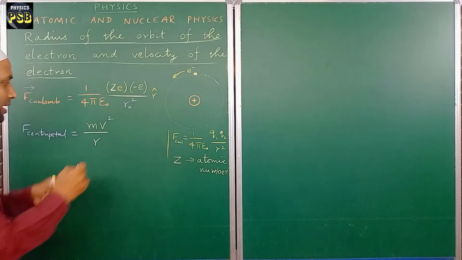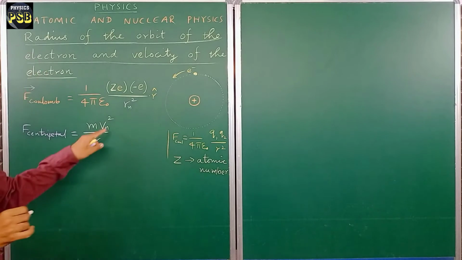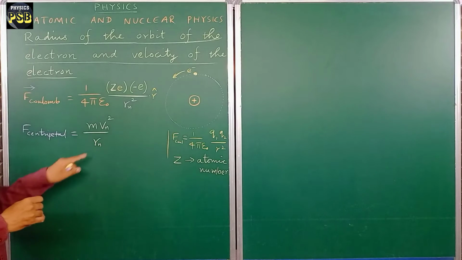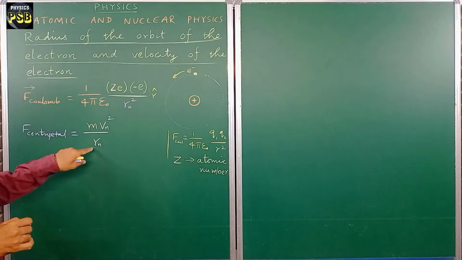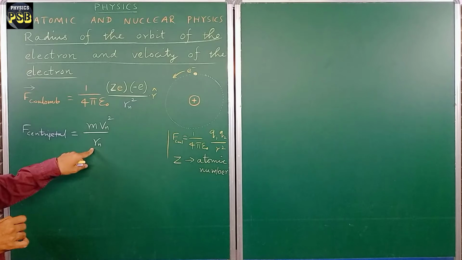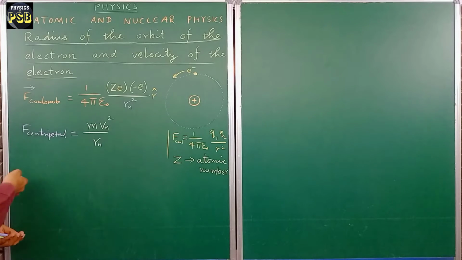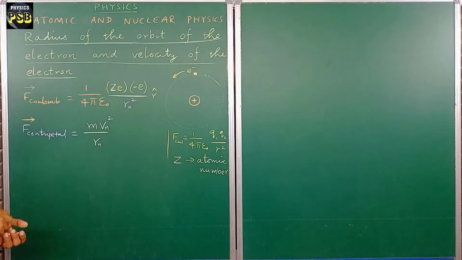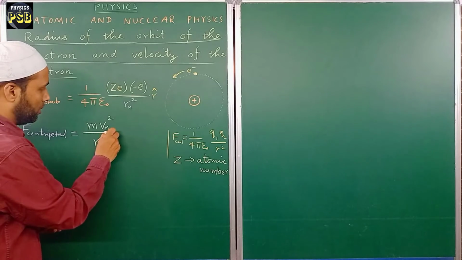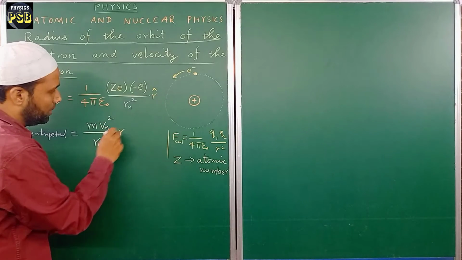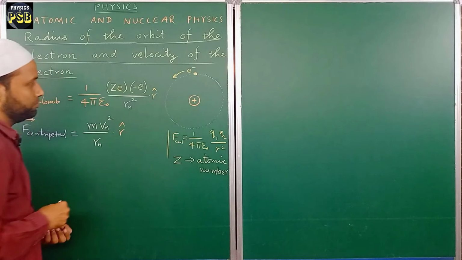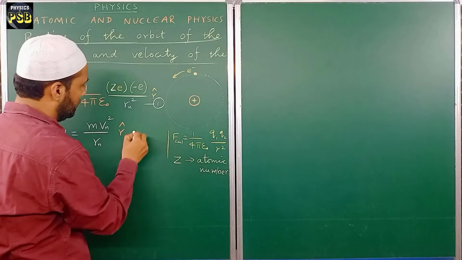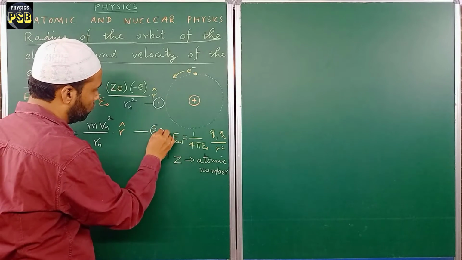In the place of v I take Vn, which represents the nth orbit, and Rn represents the radius of the nth orbit. Again, centripetal force is also a vector quantity, so I multiply this with the unit vector. I take this as equation number 1 and this as equation number 2.